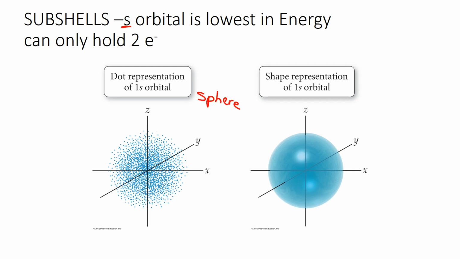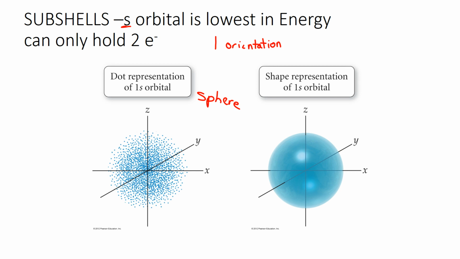When you look at a sphere, does it look different depending on the direction you look at it from? No. So a sphere only has one orientation. No matter which way we turn it, it looks exactly the same. And that spherical orbital can only hold 2 electrons in it.